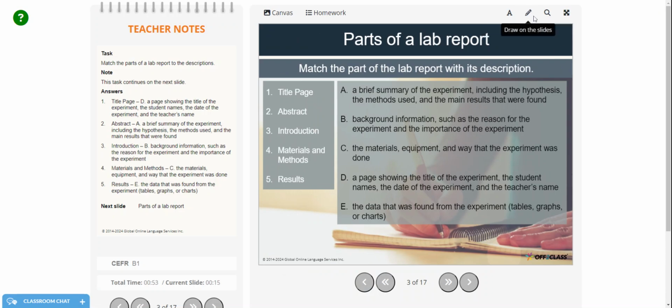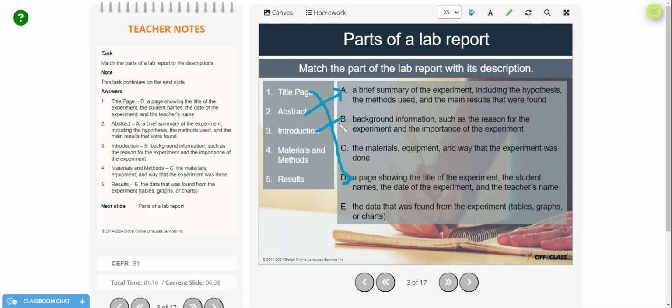All right, so the title page would be letter D, a page showing the title of the experiment, the student names, the date of the experiment, and the teacher's name. Abstract is A, a brief summary of the experiment, including the hypothesis, the methods used, and the main results that were found.